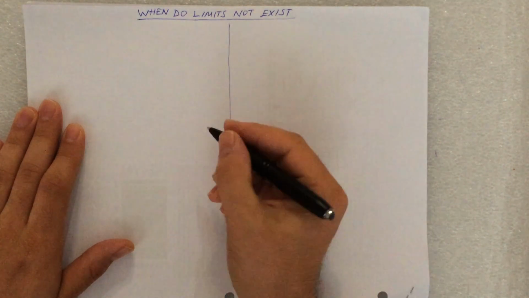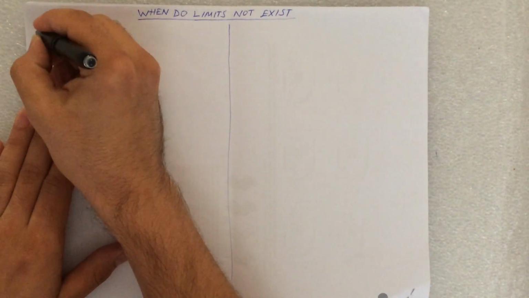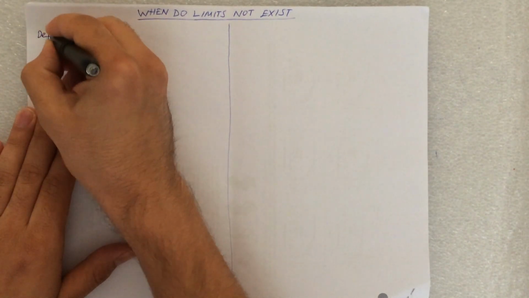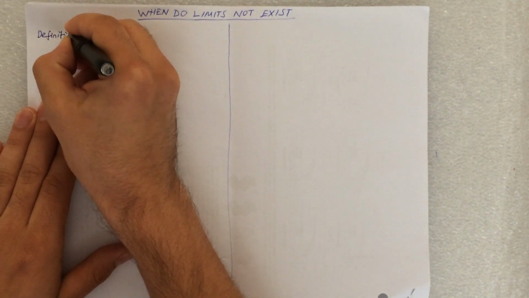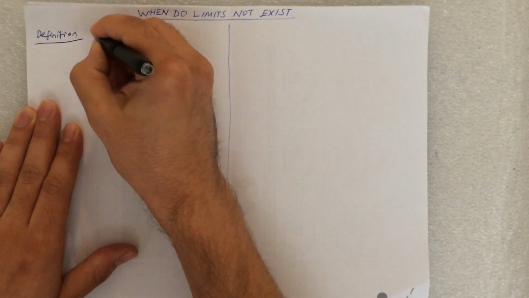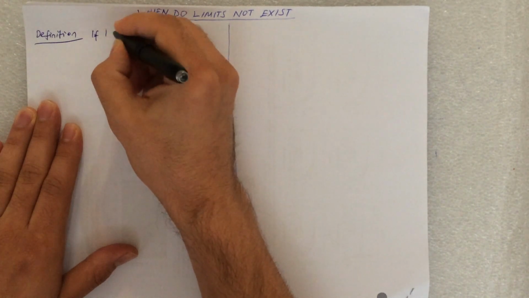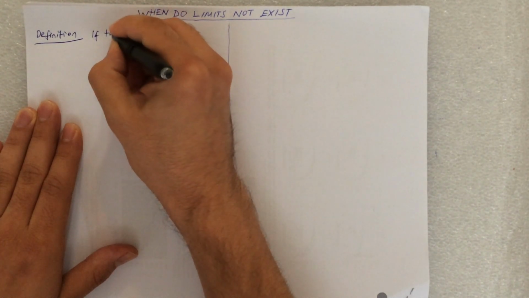Now I'm gonna talk about when limits do not exist. So let me give a definition here. We already know the definitions of limits from my previous videos.